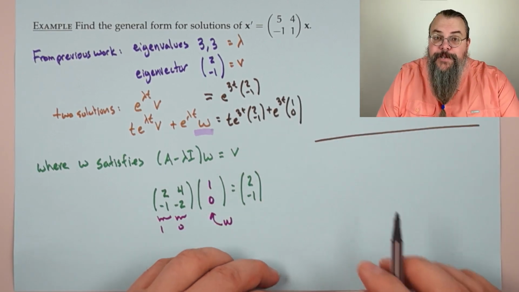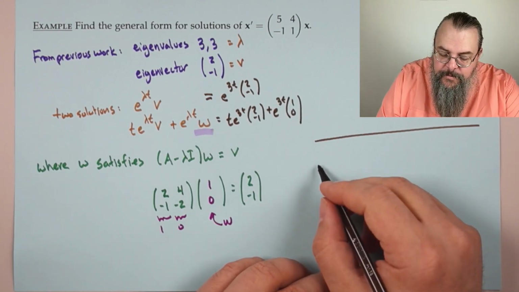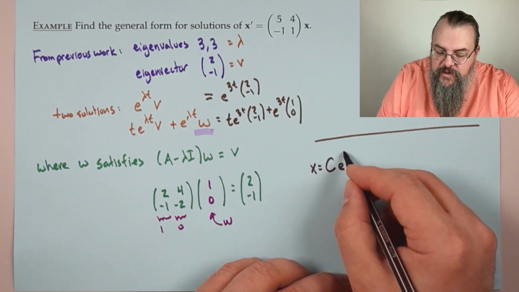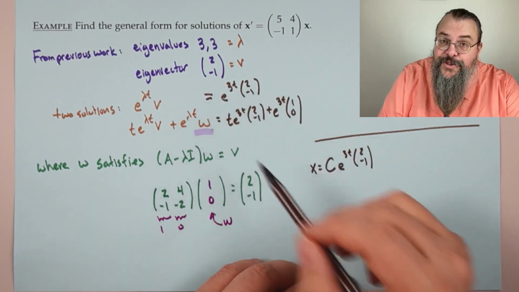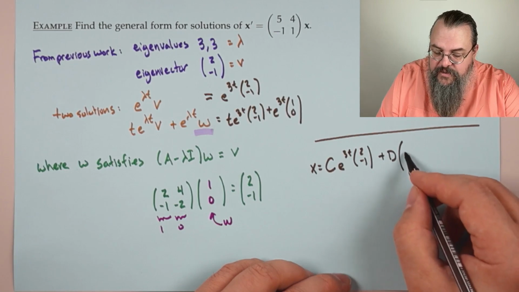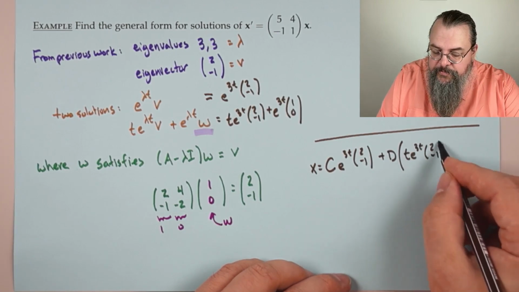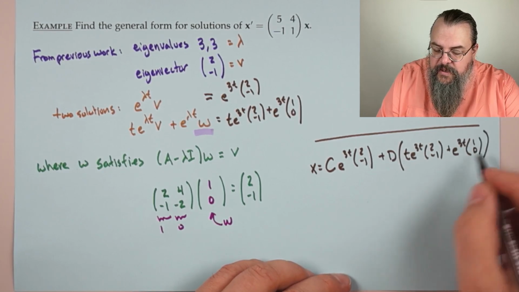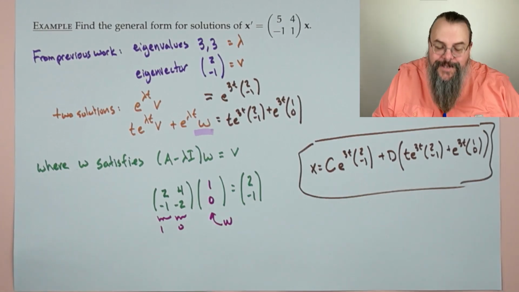All right, good. So our general form will be what? Our x will be some constant, e to the 3t, 2, minus 1, so the first solution, plus some other constant times our second solution. Well, that's a little bit longer to write out, but we just have to copy. And all right, good, done.